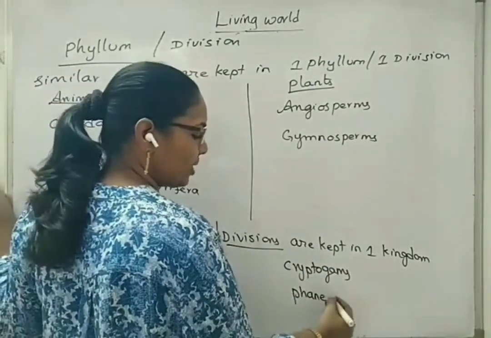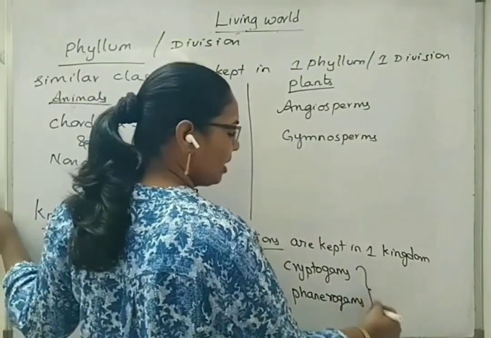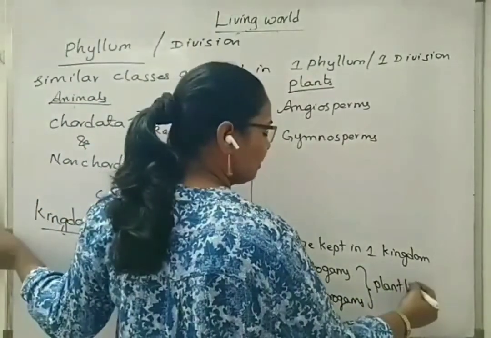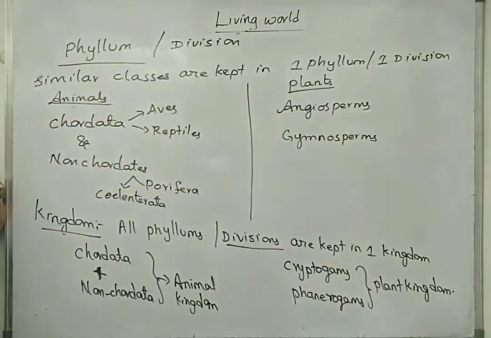Phanerogams are flowering plants or seed containing plants. Both are kept under the plant kingdom. This is about the taxonomic categories, starting from species to kingdom, arranged in a hierarchy.